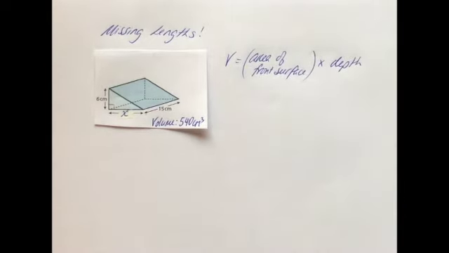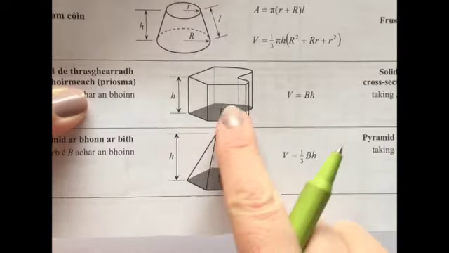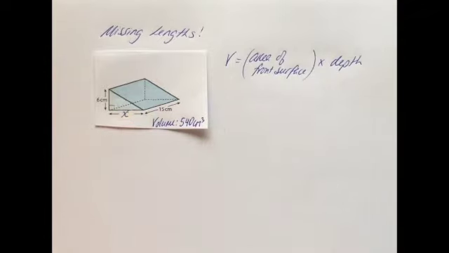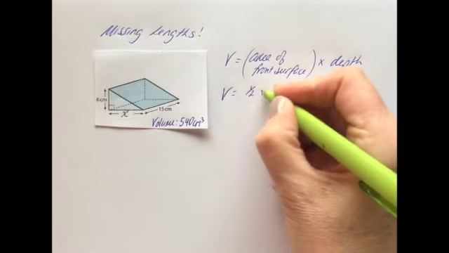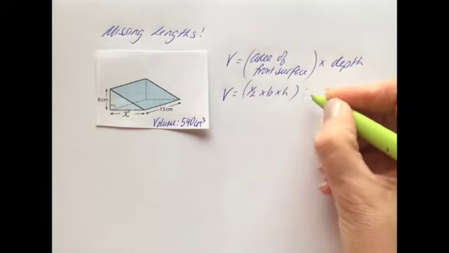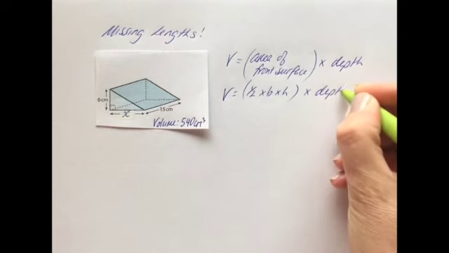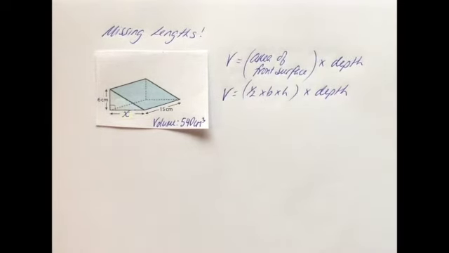Remember how it is in your log tables. The only hint you have is to remember it's the area of the base times the height, or the way we have it drawn, the area of the front times the depth. So I have that written out for myself, and now I'll fill it in. The area of the front surface is a half times base times height, and then we'll times by the depth.